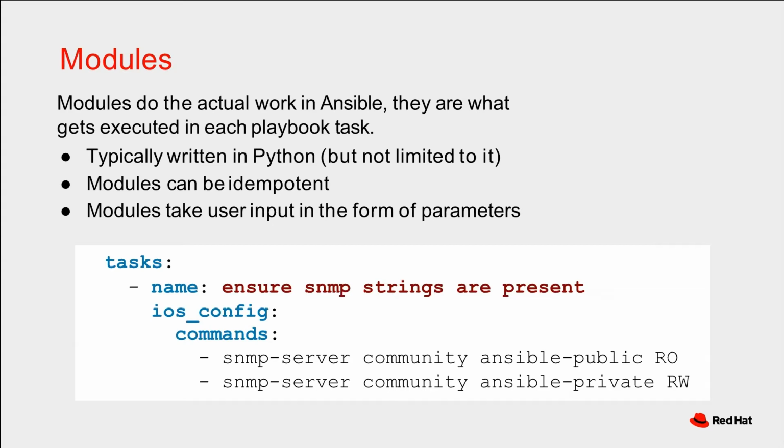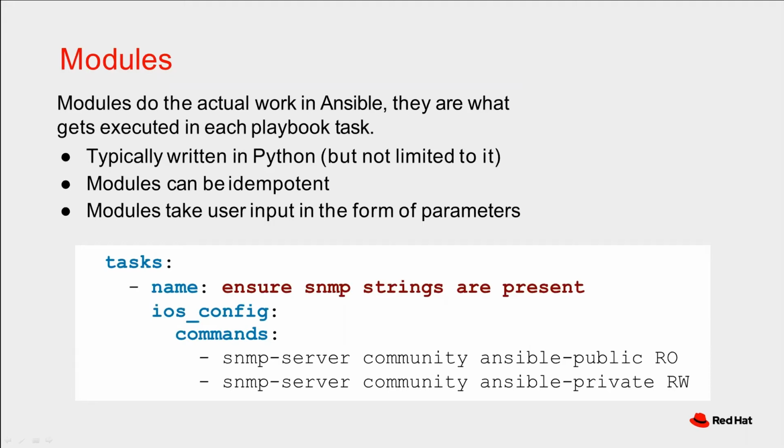So when we take a look at the modules, within this example, ios_config is the module. What this is doing is sending these commands, snmp-server community, and it's setting these two community strings.